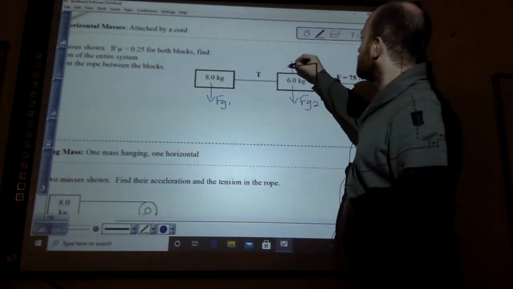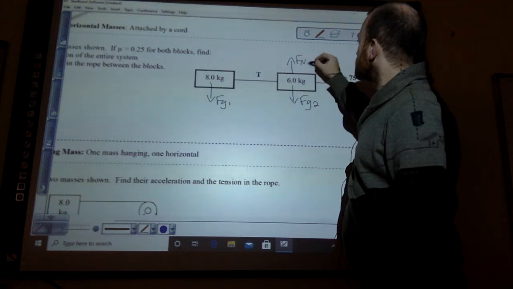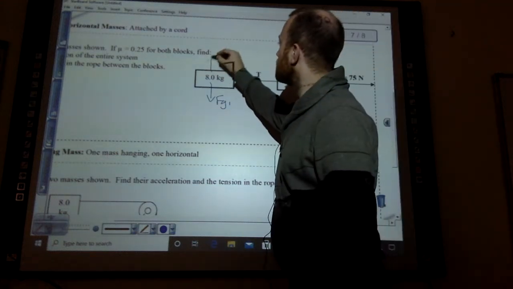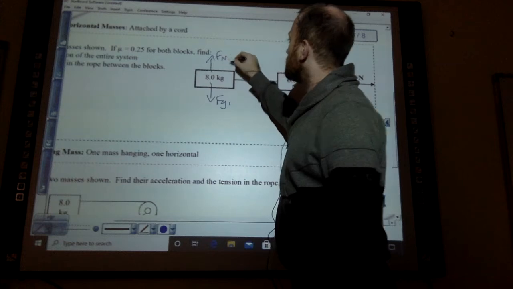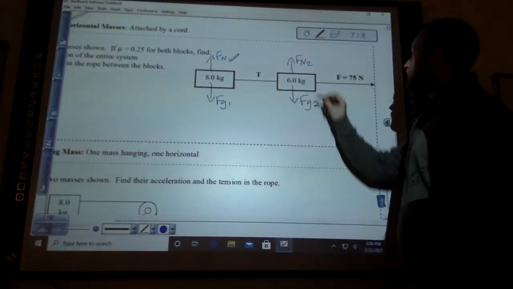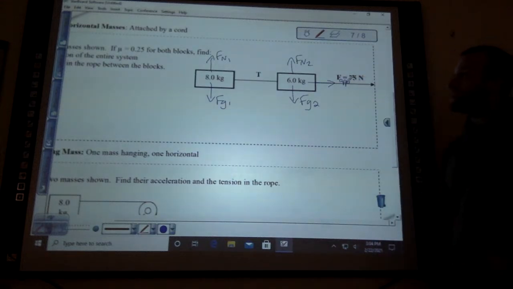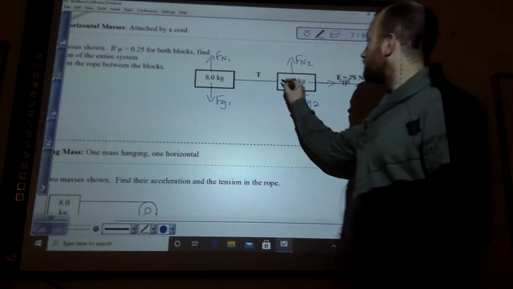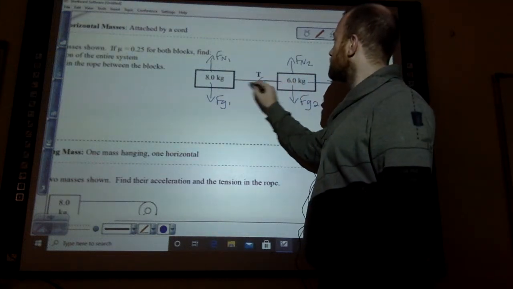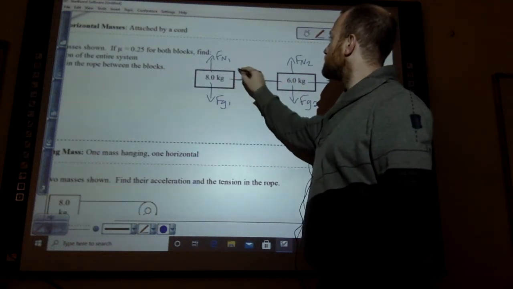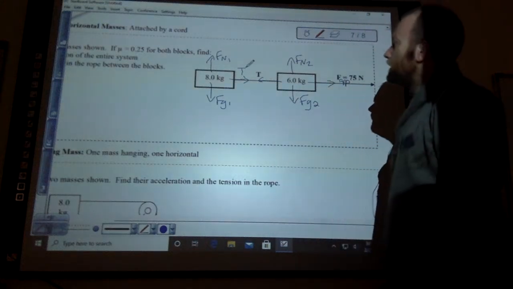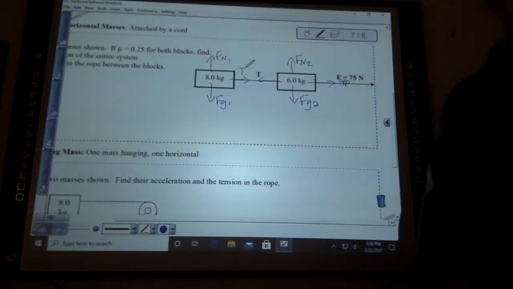I've got normal forces, force normal 2, force normal 1. We've got a force applied here, so I'll just write this as force applied. I've got tension, so this is already drawn here. Tension, tension, these are the same. And we are told, what else?